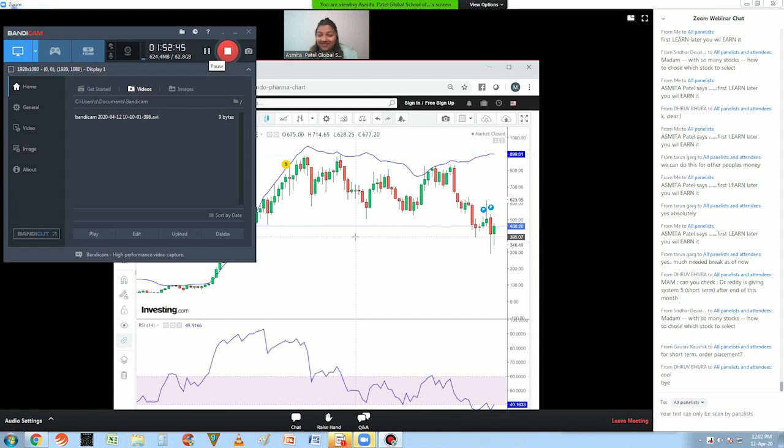What is your rule number 2? RSI should be greater than 60. What is the RSI on that candle?